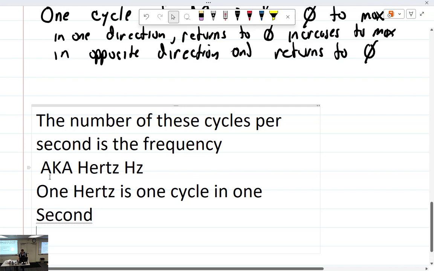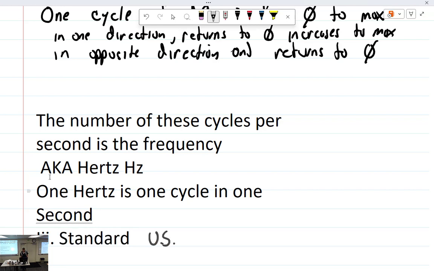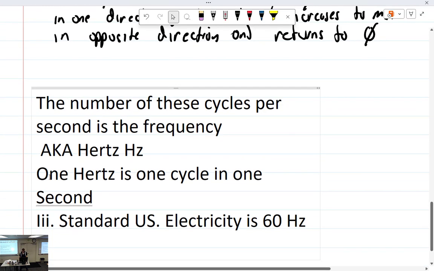Yes, you're right. Standard U.S. electricity is 60 hertz. Other countries are 50. Yeah, we're better.